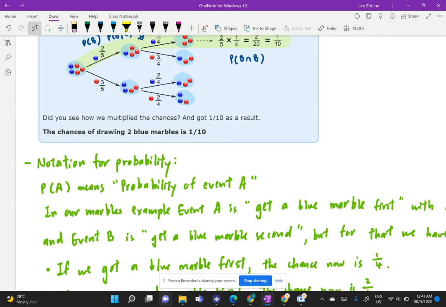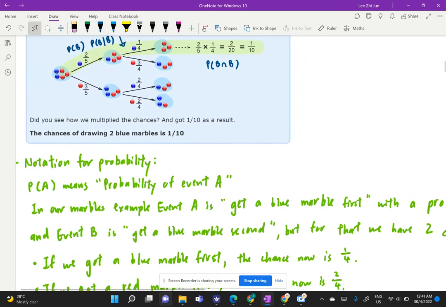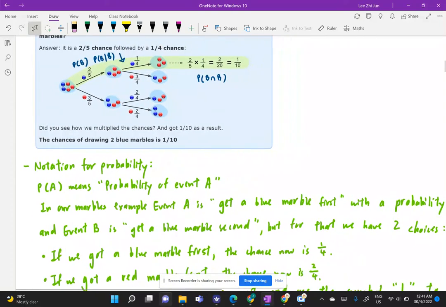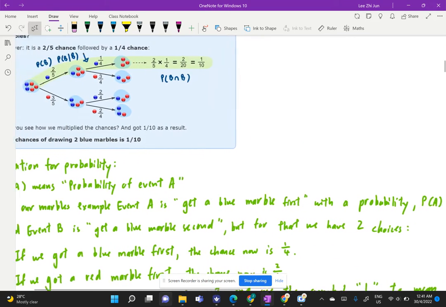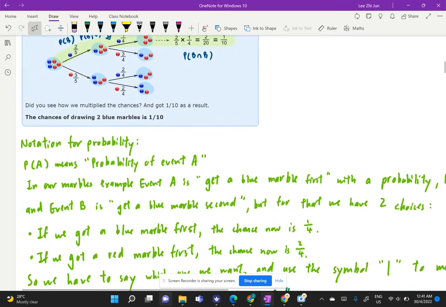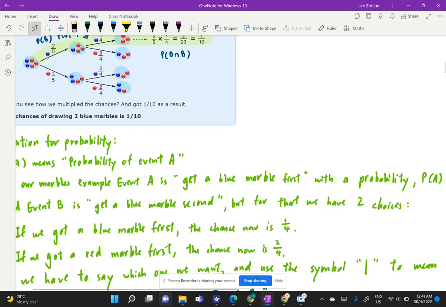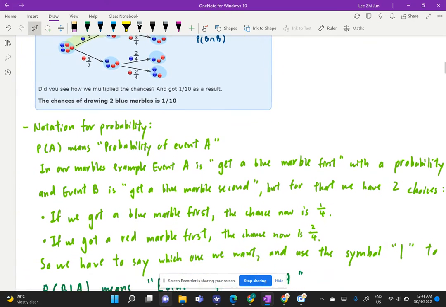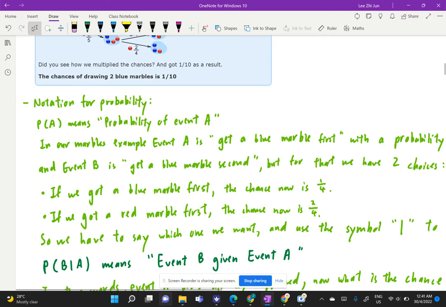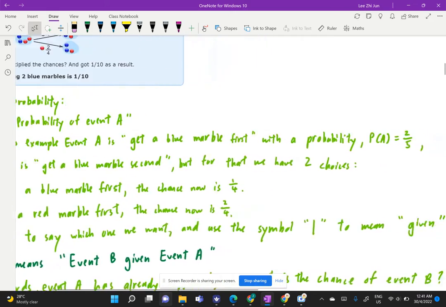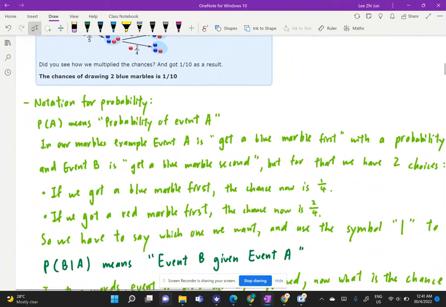P(A) means the probability of event A. In our marbles example, event A is getting a blue marble first, so P(A) equals 2 per 5. Event B is getting a blue marble second, but for that we have two choices. If we get a blue marble first, the chance now is 1 per 4. If we got a red marble first, the chance now is 2 per 4. So we have to say which one we want and use this notation to mean given.